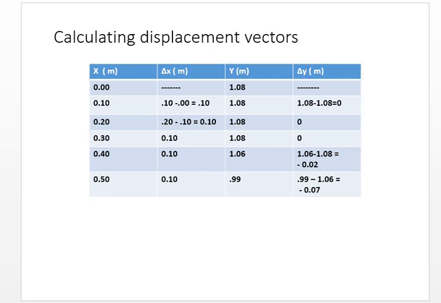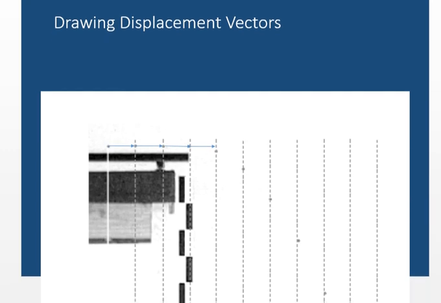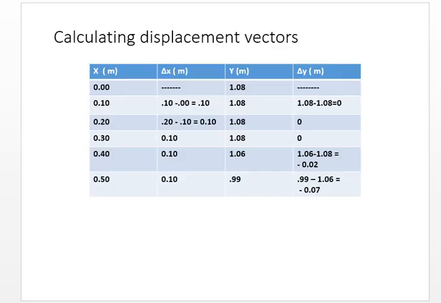So how do I actually draw these? Well, I know that all the x components for each dot here are always going to be the exact same length. They are going to be the distance between the points, right? Because this object is traveling at a constant speed forward, which means that it's always traveling the same distance, and you have calculated that distance to be 0.10 meters.